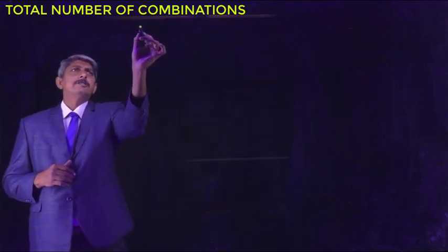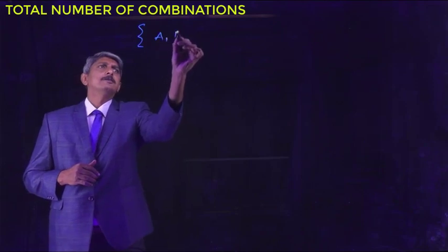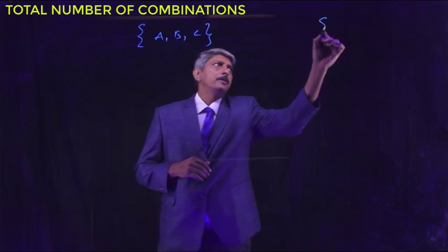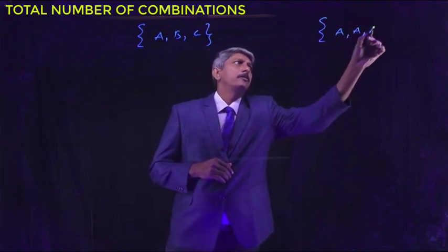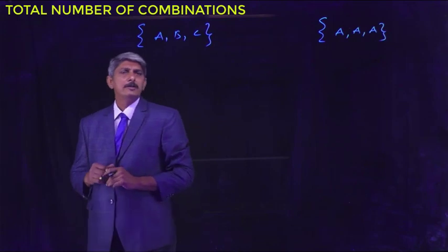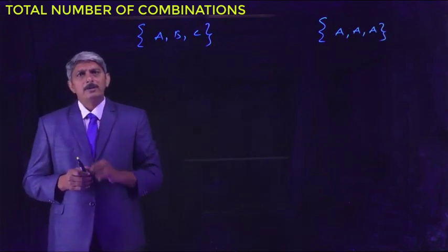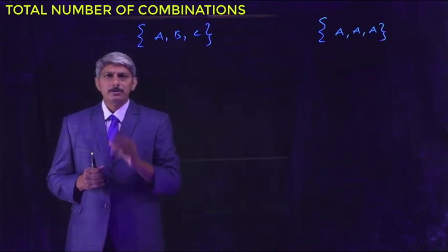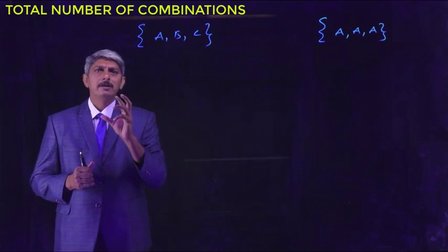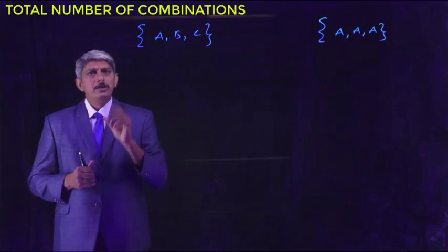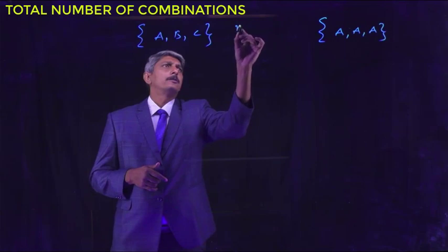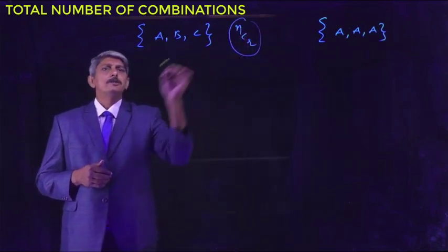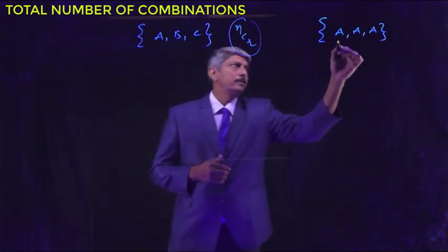For example, a set containing distinct objects A, B, C and another set containing objects A, A, A. What is the formula for the combinations? nCr denotes the number of combinations using n dissimilar things taken r at a time, which is given by the formula nCr. So what about your objects? Here 3 objects are distinct, but here 3 are like.